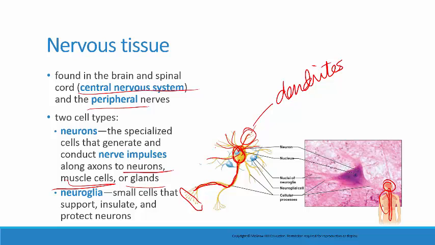There are also associated with the neurons another set of cells, and there are a number of different types of these cells called neuroglia, or sometimes just talked about as glial cells. It's a G. So glial cells are the small cells that are associated with a neuron that support it both by giving it nutrients and by holding it in place in the tissues. Insulate it.